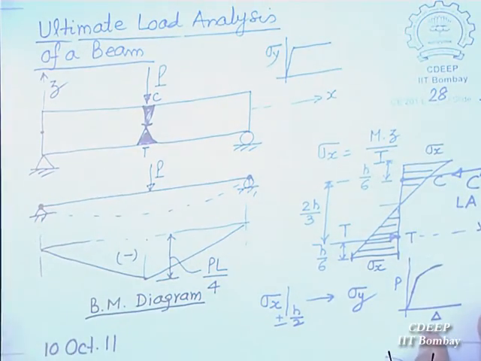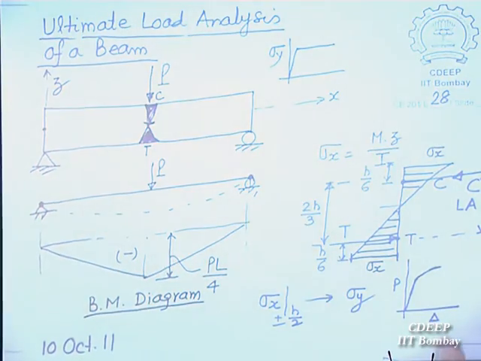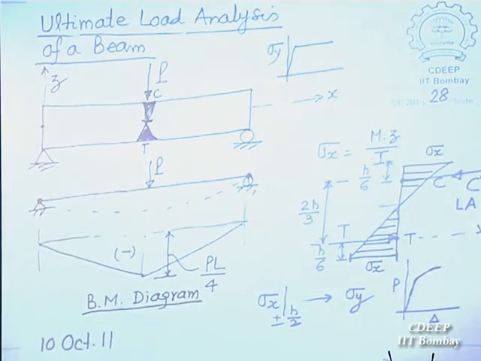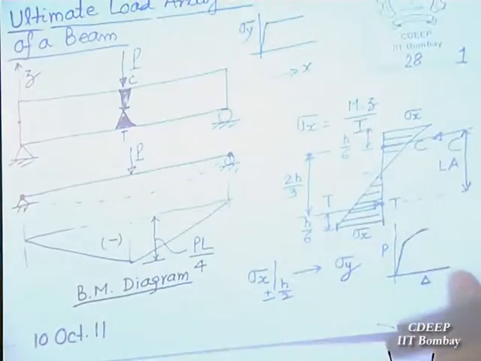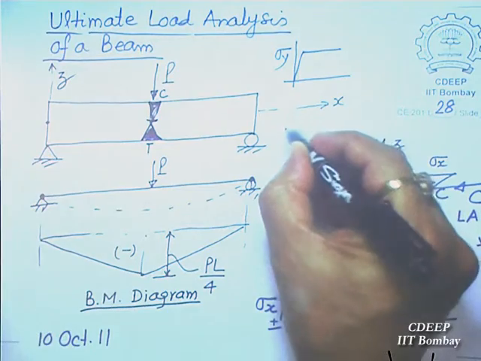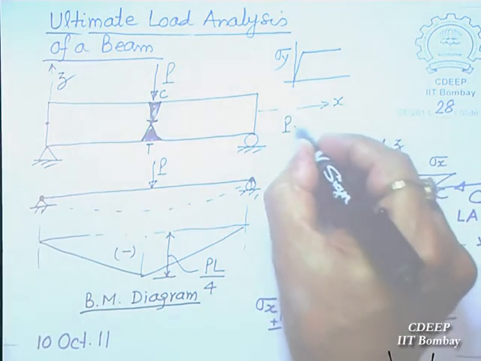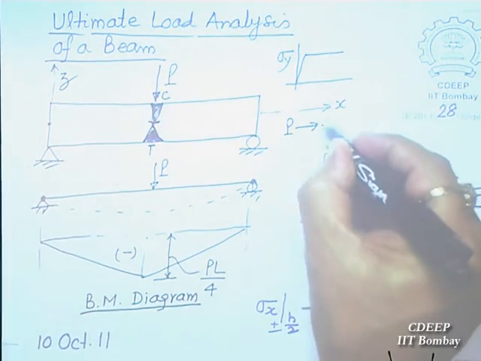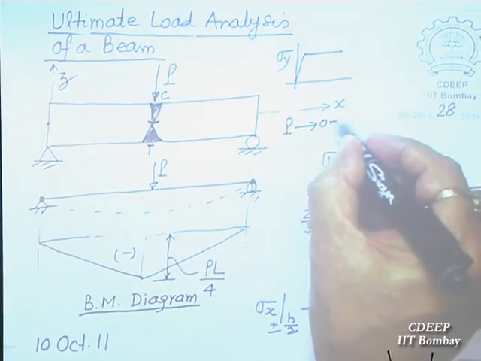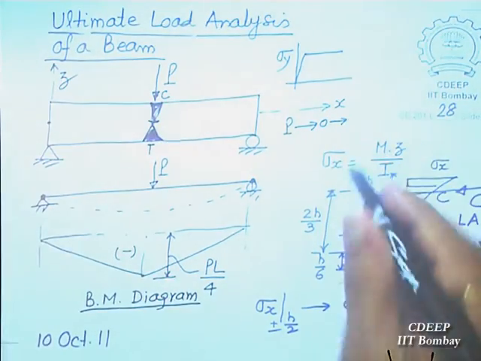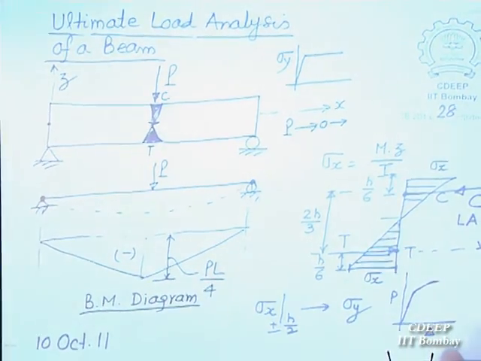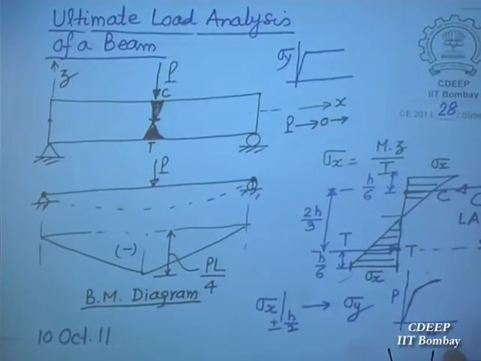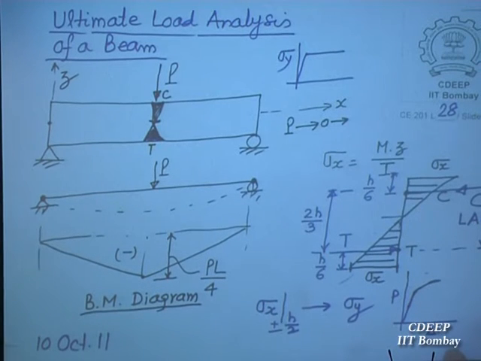Because loading is increasing. P is increasing. Load is being increased. Load is monotonically going from 0 onwards further. Where is sigma y, my dear friend?